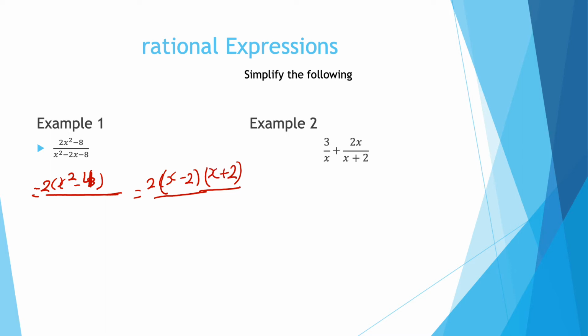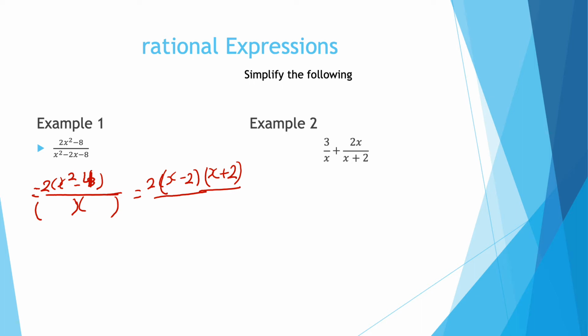If you don't know how I factorized this or you forgot, please go back. I think it's video number 2 in this playlist explaining the factorization. Now the denominator is another quadratic, so I'll open up 2 brackets, and there are no common factors in here. It's a straightforward quadratic because the coefficient of x squared is 1.